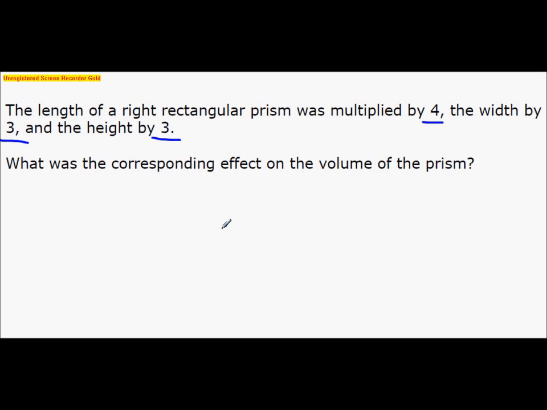So in this case, it says the length of a right rectangular prism was multiplied by 4, the width by 3, and the height by 3. So because it's volume, I would take 4 times 3 and then times another 3.